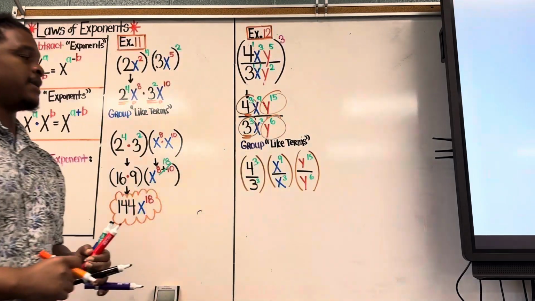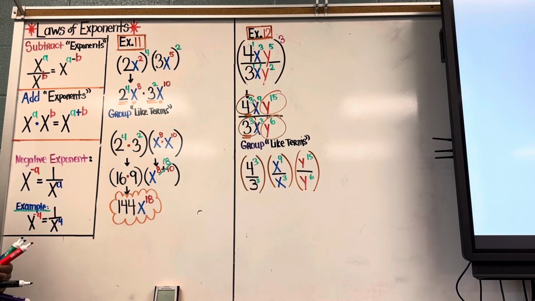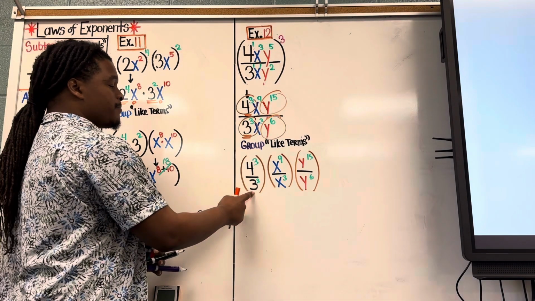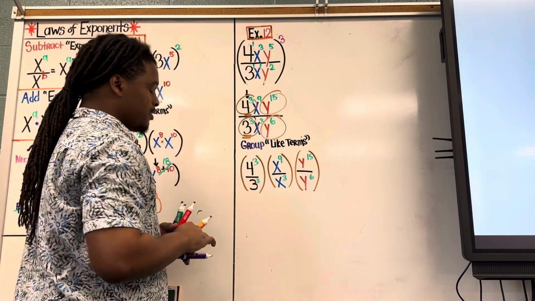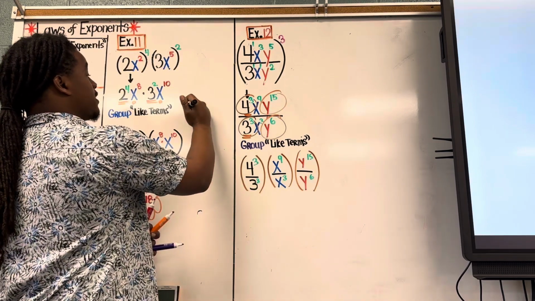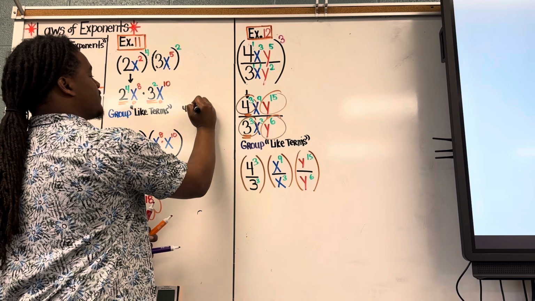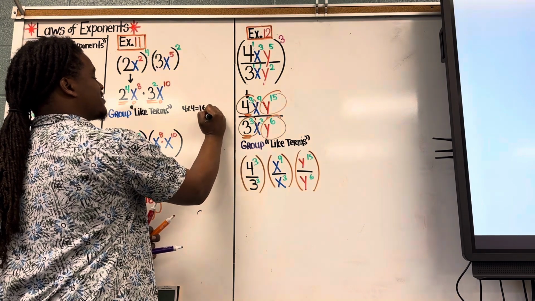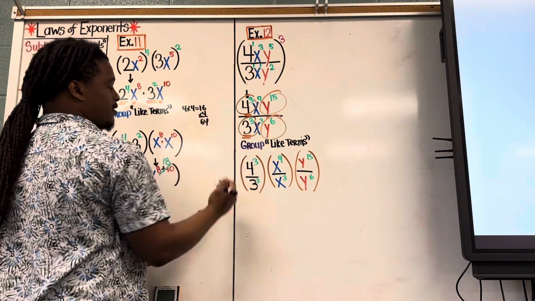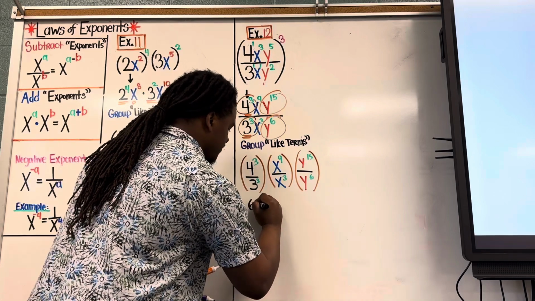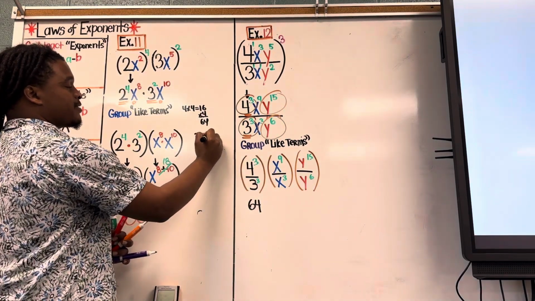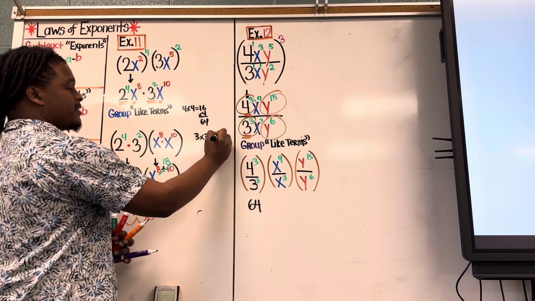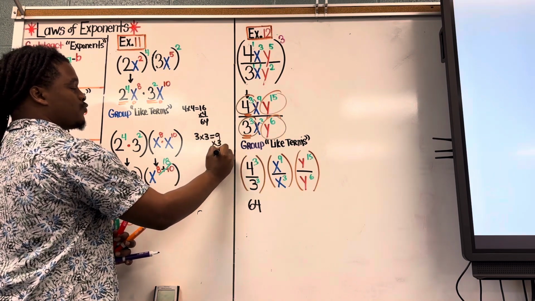Now the first thing we need to do is simplify the coefficients. 4 to the third power is just like saying 4 times 4 times 4. 4 times 4 is 16, and 16 times 4 is 64. So it's going to be 64 at the top, and then 3 to the third power is just like saying 3 times 3 times 3. 3 times 3 is 9, and 9 times 3 is 27.